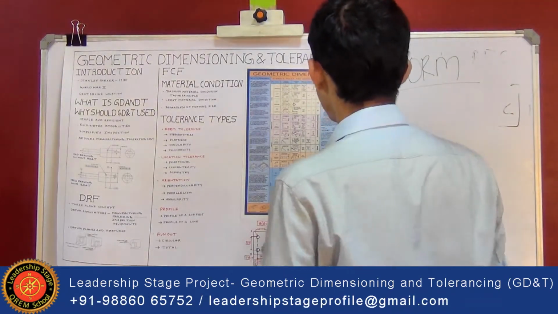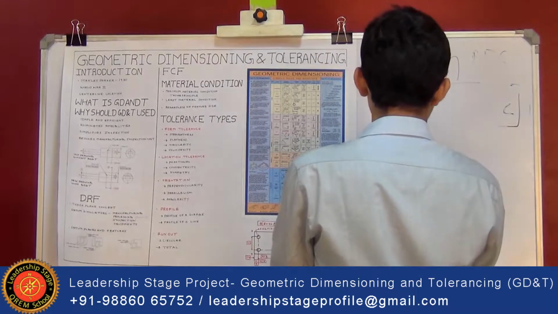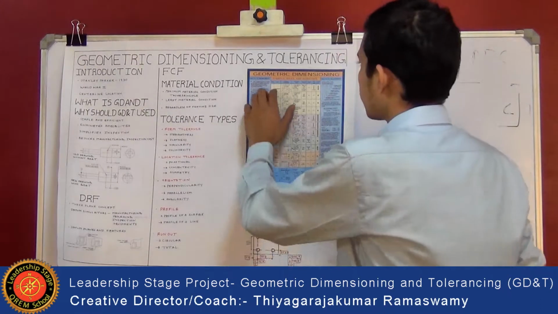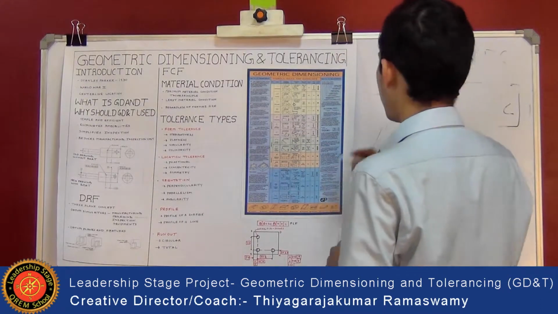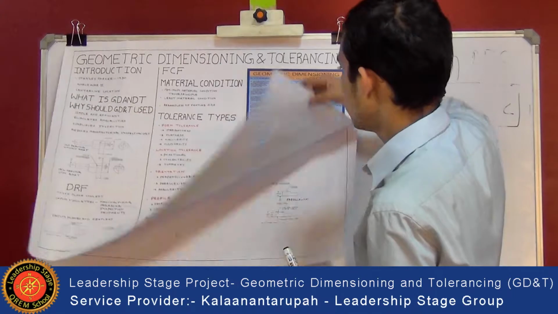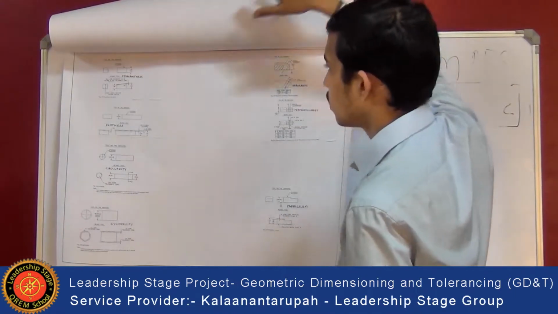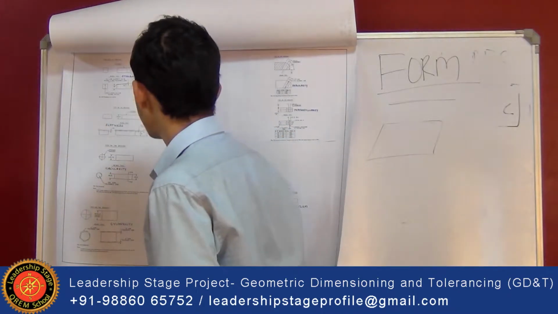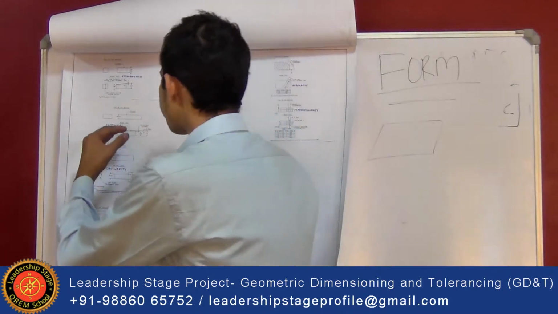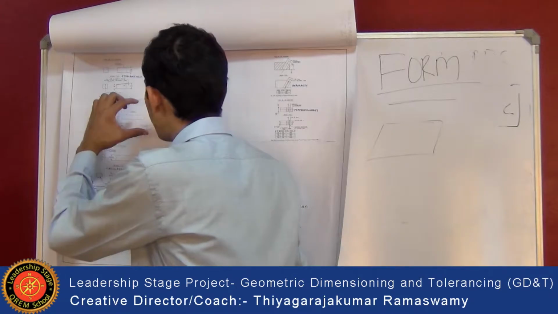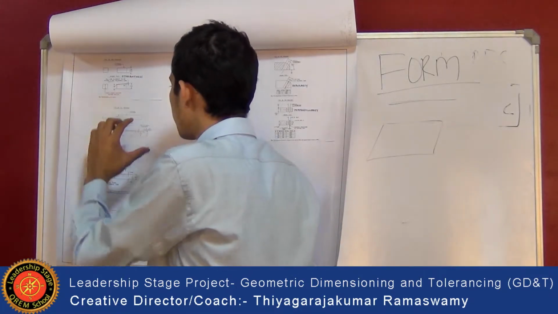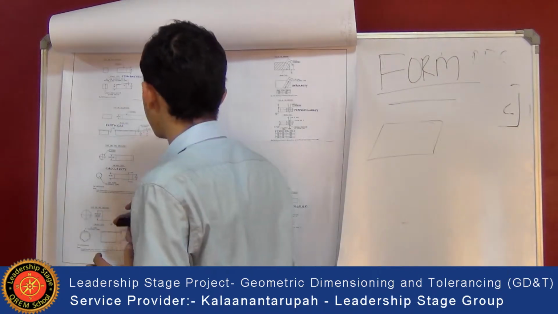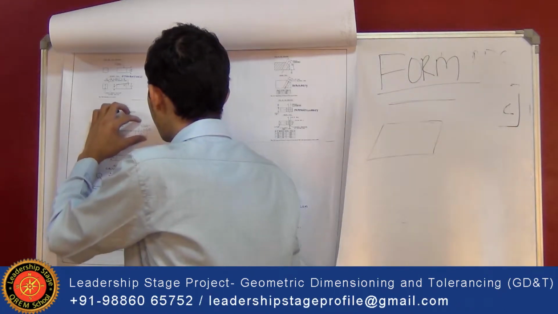It is represented by a rectangular-like symbol, but straightness is represented as a single straight line. This is the example for flatness. This is a basic drawing having a flatness tolerance of 0.05, which means that it has two parallel lines 0.05 apart, and all the elements on the surface should lie between these two tolerances.